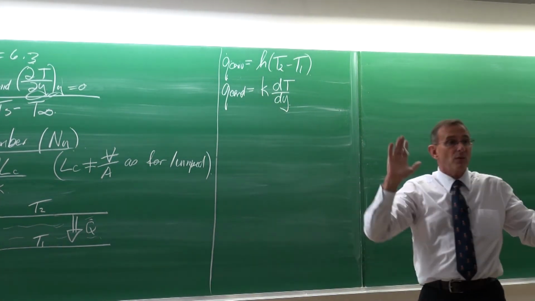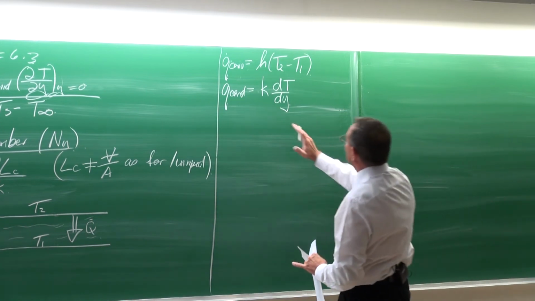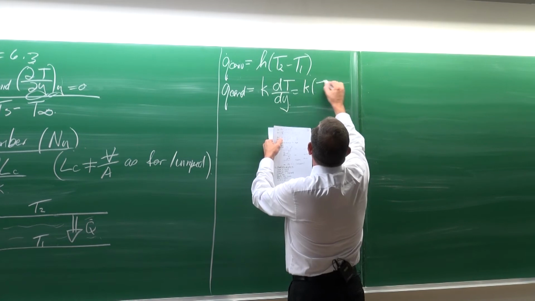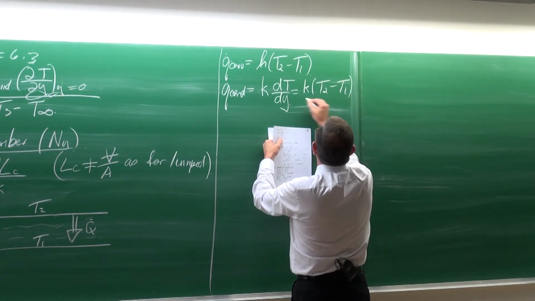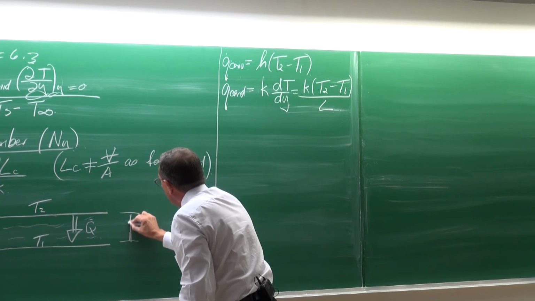I'm throwing away the minus sign because in heat transfer we always know the direction of the heat transfer, so it's not a big issue. So we can write it as K multiplied by T2 minus T1 divided by L. And this is the distance L.